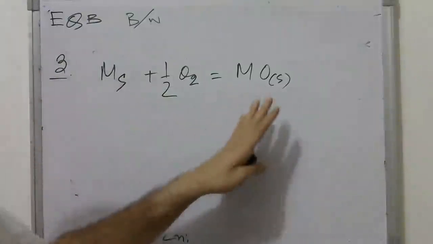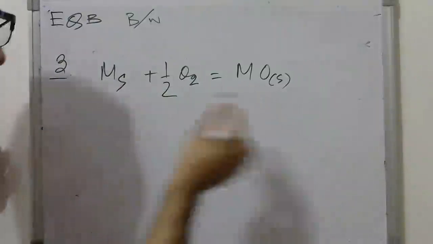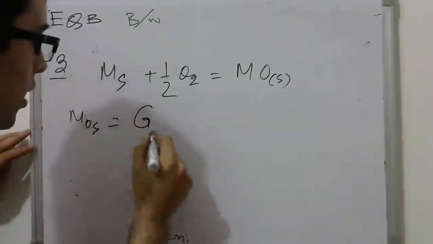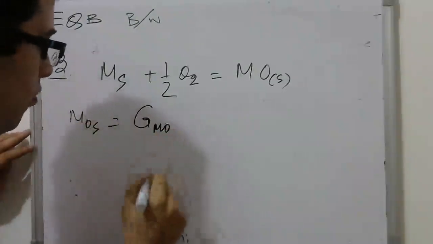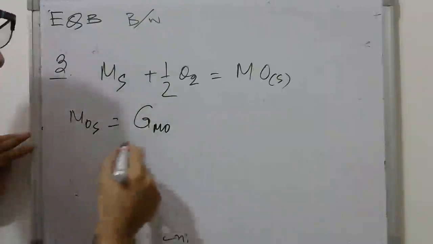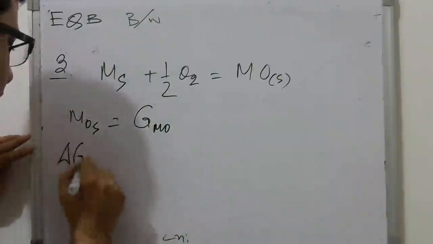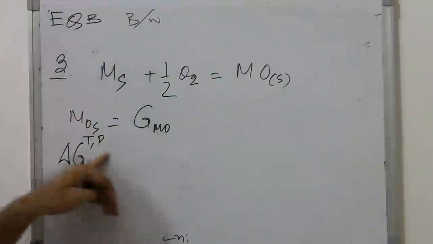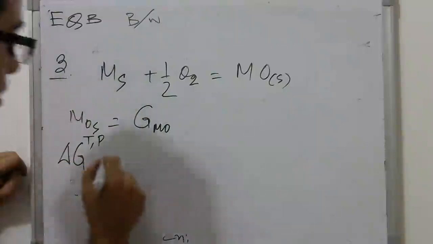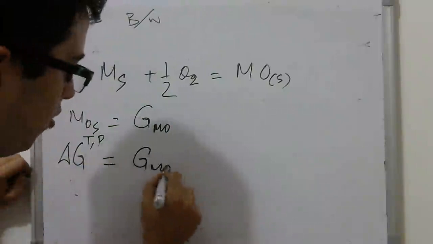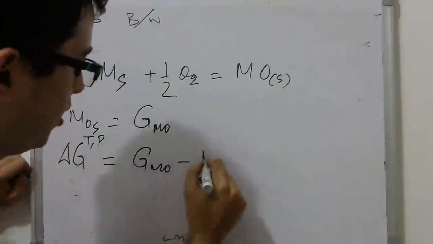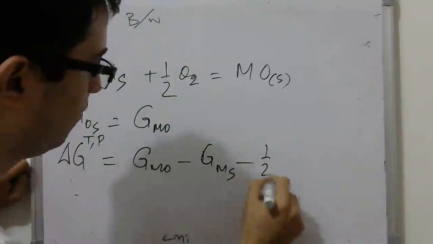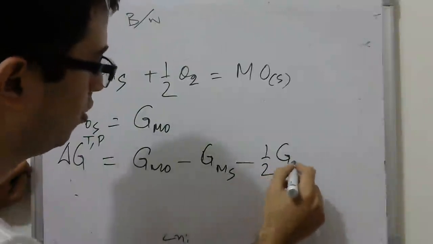So what is the free energy for MO solid? This is G, that's G MO, let's say. So the change in free energy at a particular temperature and pressure, which is not a standard one, is G MO minus G MS minus half G O2.